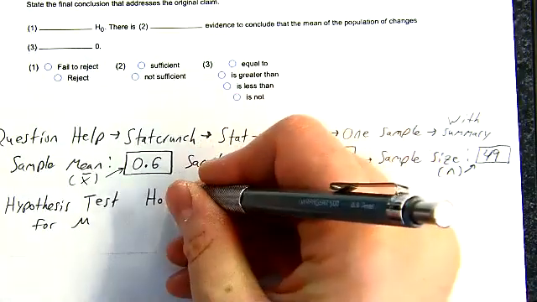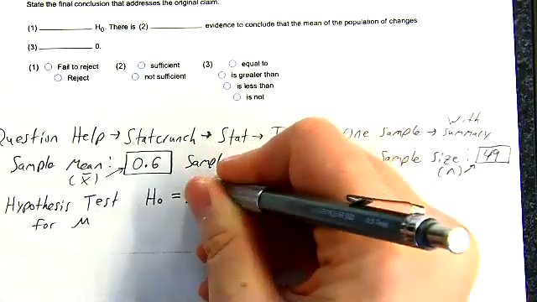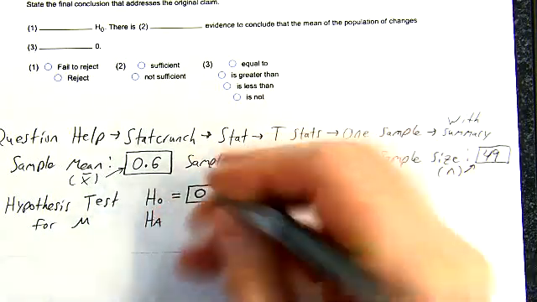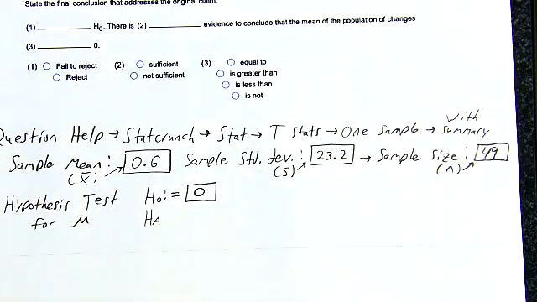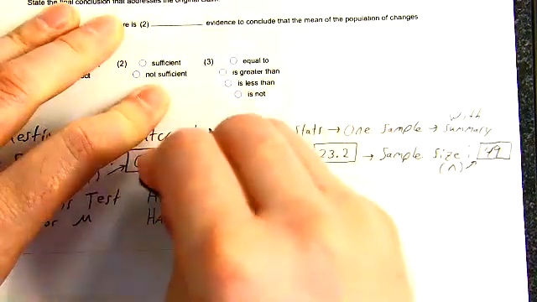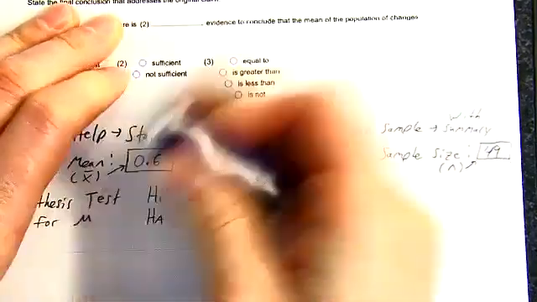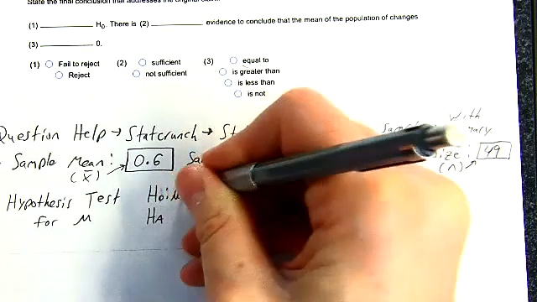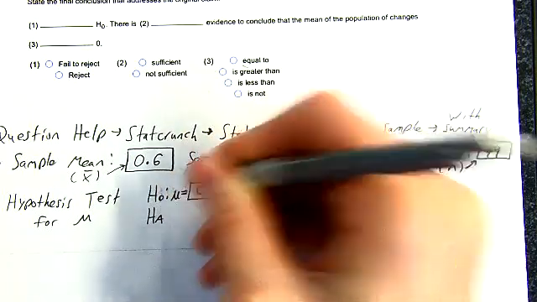So we'll do mu equals, in this box, you'll have to type 0. And then HA, oh, I did this last class too. It'll be H0 mu equals 0.